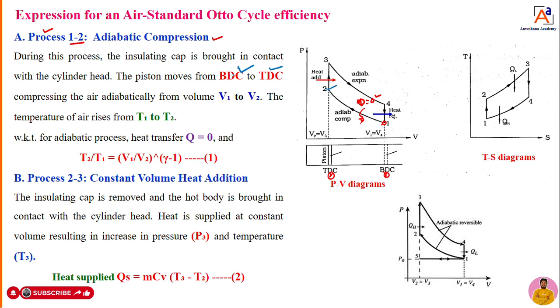The volume changes from V1 to V2, that means volume is decreased, whereas pressure increases from P1 to P2 and temperature increases from T1 to T2.